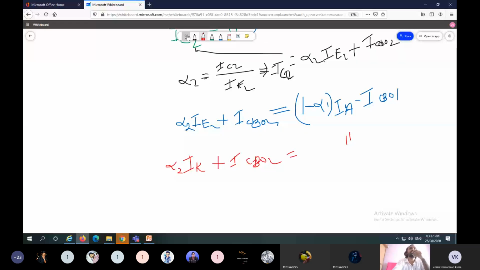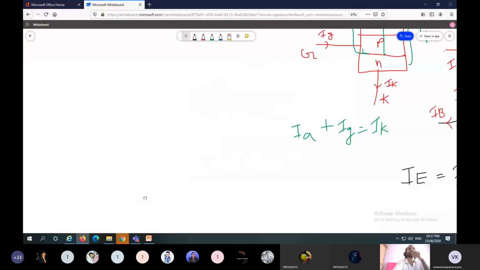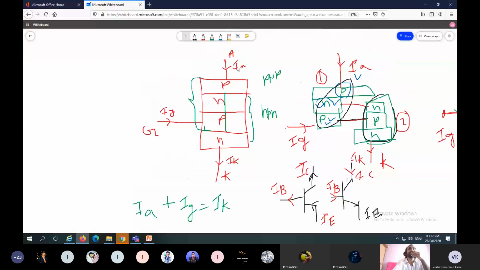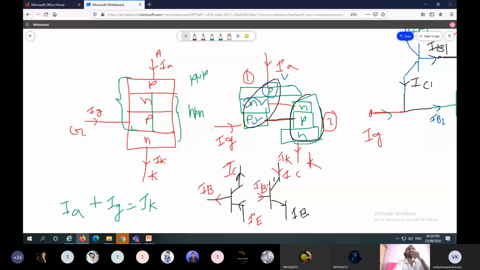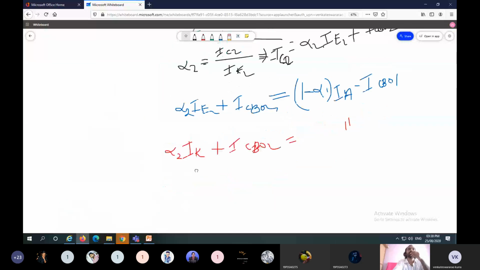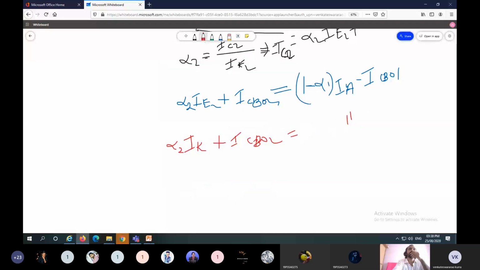Next, if you check the relation between IK, anode current and gate current, IK equal to IA plus IZ. Substitute this equation in IK value. Alpha 2 into IZ plus IA, this term is this one.